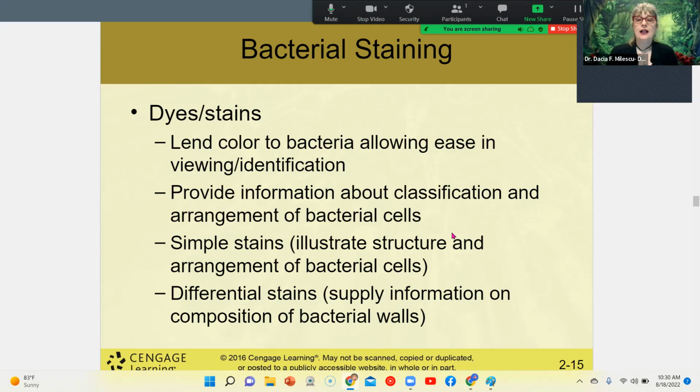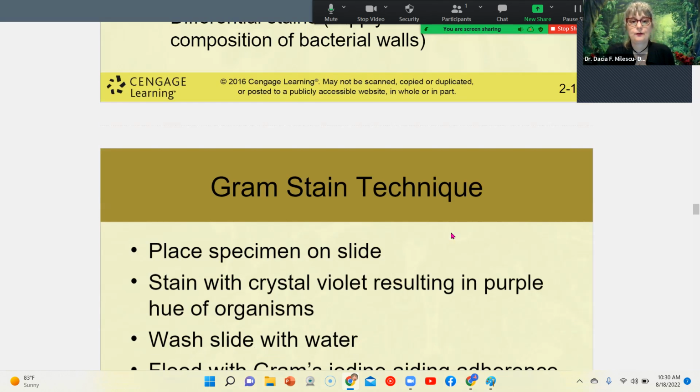If it stains pink, it's gram negative. If it stains purple, it's gram positive. Simple stains illustrate the structure and arrangement of the bacterial cells, and differential stains also supply information about the bacterial walls.